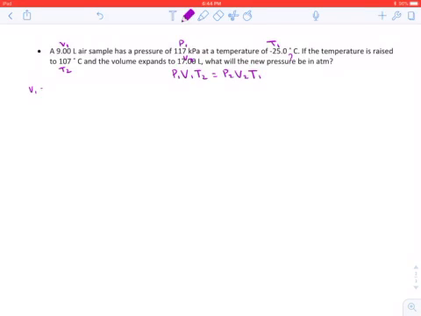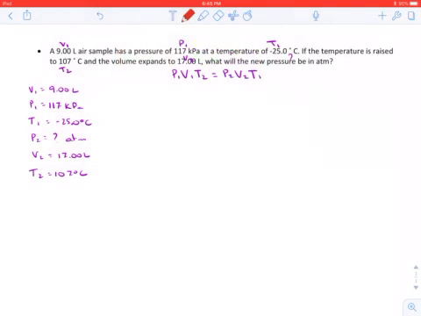So as we write, V1 is 9.00 liters, P1 is 117 kPa, T1 is negative 25 degrees C, P2 is what we're looking for, and we're looking for it in atmospheres. V2 is 17.00 liters, and T2 is 107 degrees C.